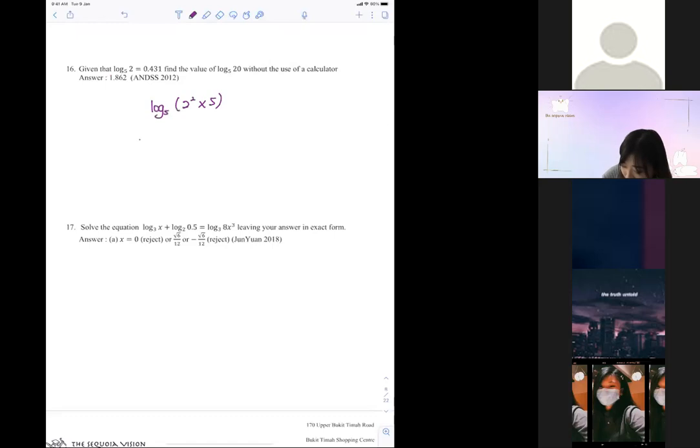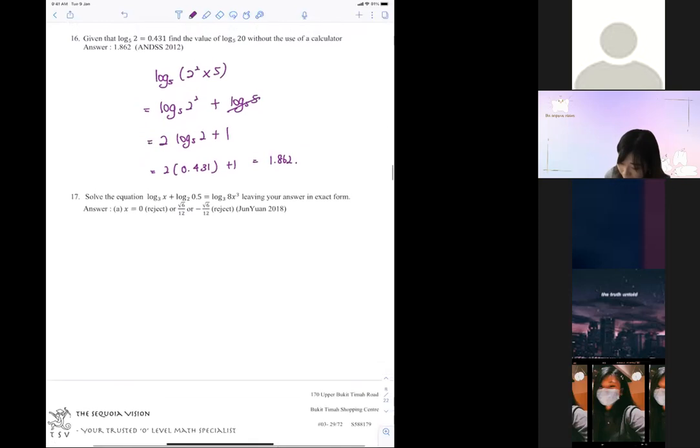Am I right? And then times, we can split it to plus. Power can bring down. Log 5 is 1. Then you get 1.862.